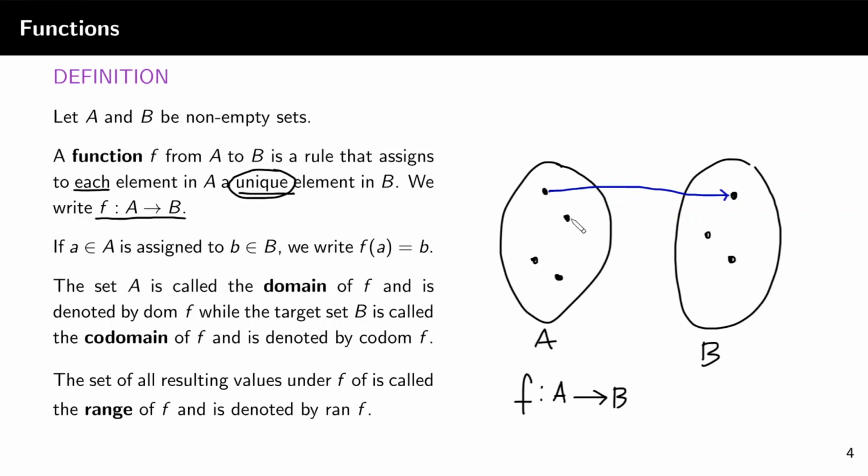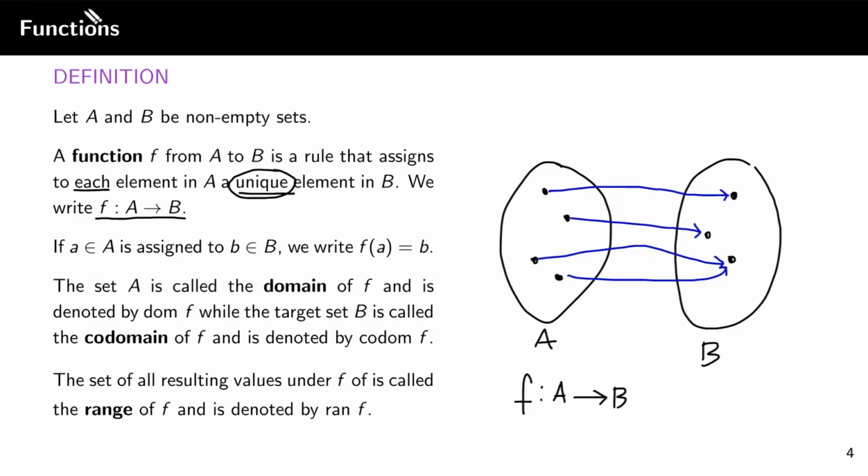And then, ito naman. Ito rin. And then, this one, pwede ko siyang i-partner dito. So, okay lang na yung mga elements ng B, meron silang more than one partner from the set A. Pero, yung mga elements ng A, dapat tag-isa lang sila ng partner sa set B. Okay.